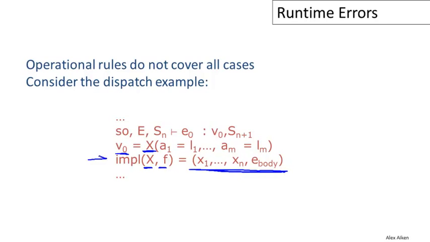This rule just assumes that method f is in fact defined in class X. And the rule doesn't say anything about what to do if it turns out that this class X doesn't have any method f. Well, that actually can't happen. Type checking has already guaranteed that when we go to look up method f in class X, it will exist. That was one of the points of the type checking rules: that no dynamic dispatch could ever dispatch to a method that wasn't defined.